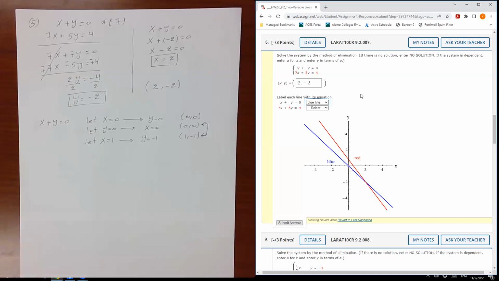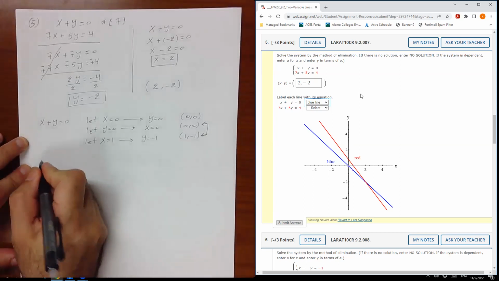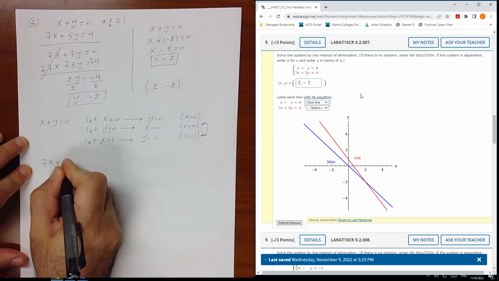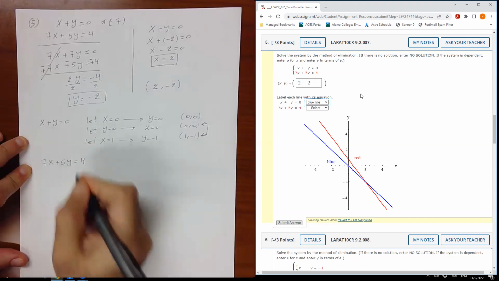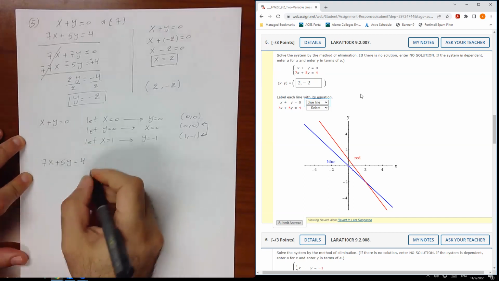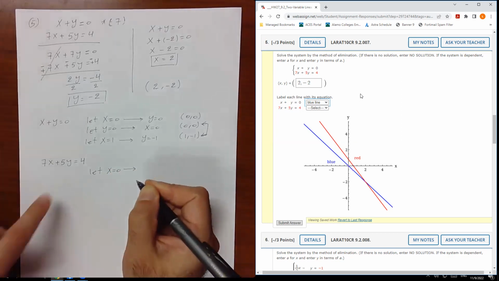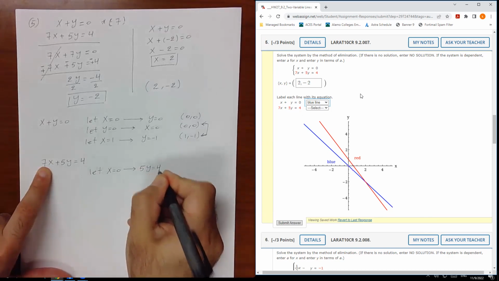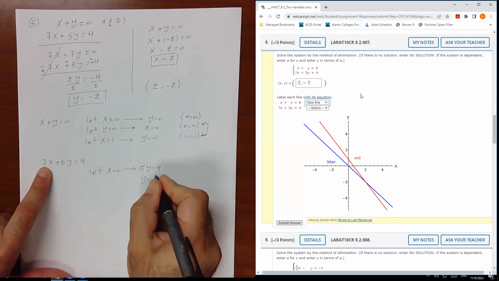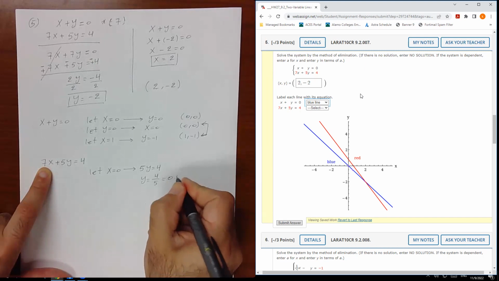Now let's check the second one by finding the intercepts. So 7x plus 5y is going to be equal to 4. Then I'm going to let x equal 0. So 5y is going to be equal to 4. That means y is going to be 4 over 5, which is equal to 0.8.